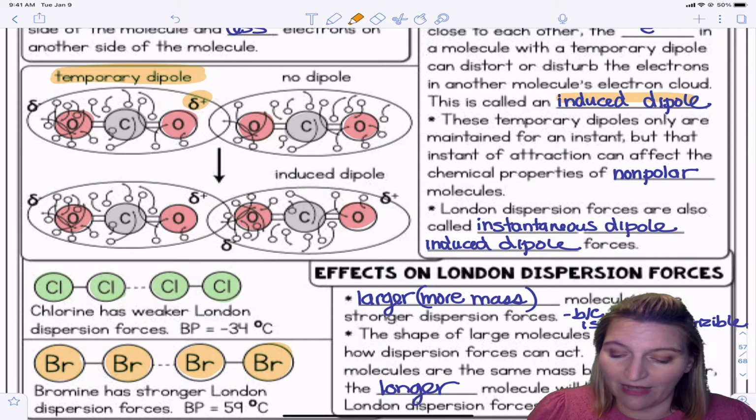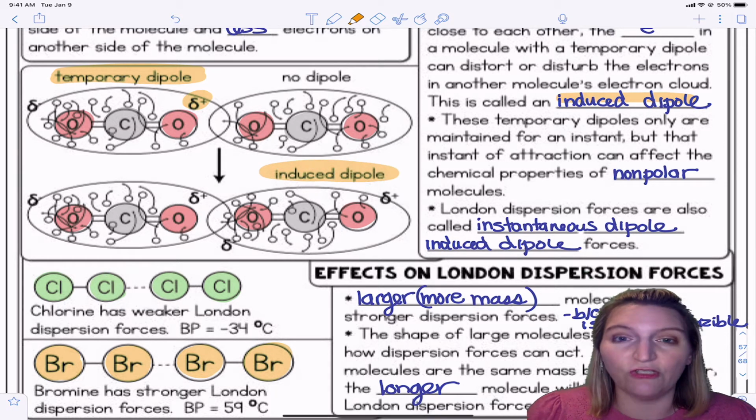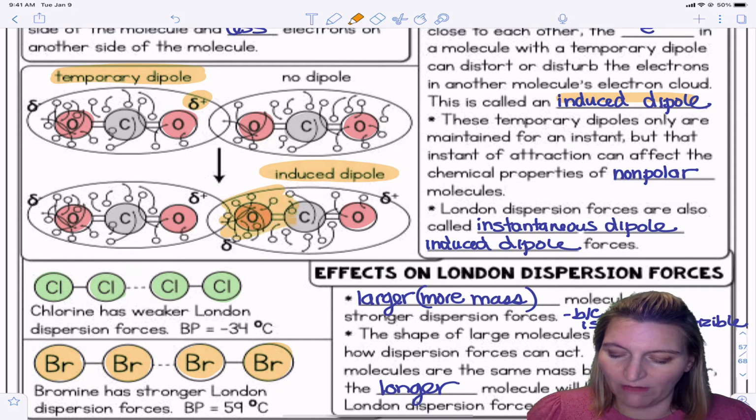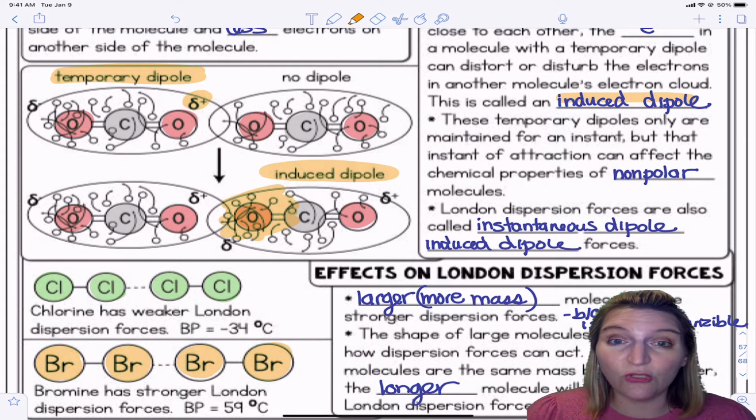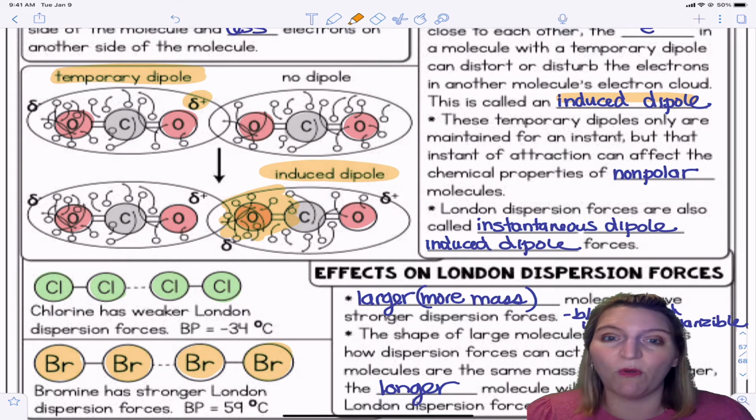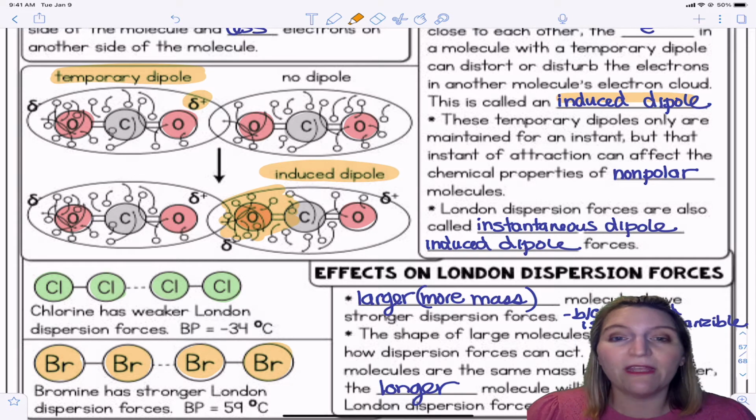So you can see what has happened: it has induced a dipole on the other molecule. Induced is a word that means to make happen. Now that molecule is sort of polar for an instant, and that can then induce a dipole on yet another molecule. This is the only force of attraction that there can be between nonpolar molecules.